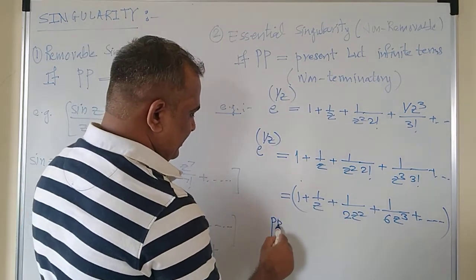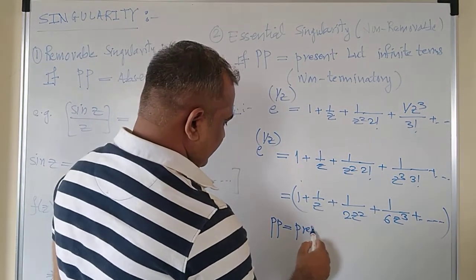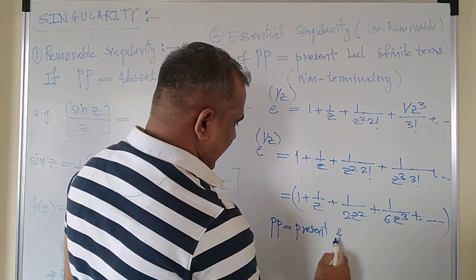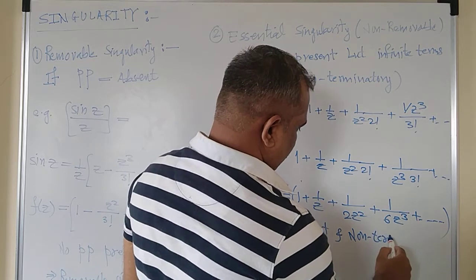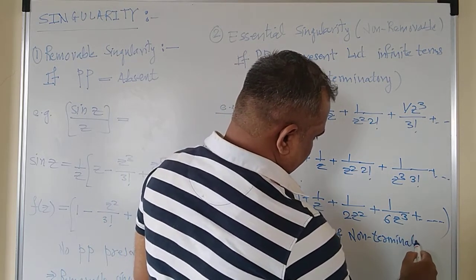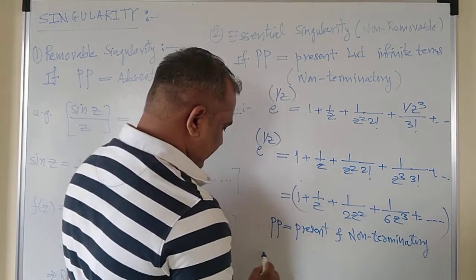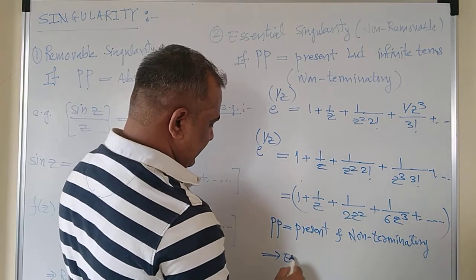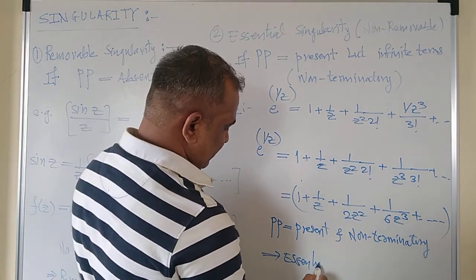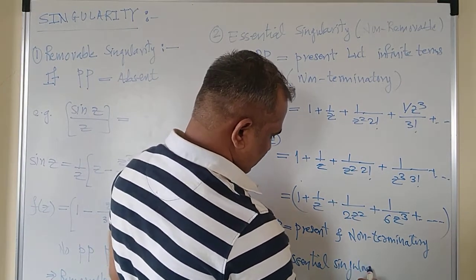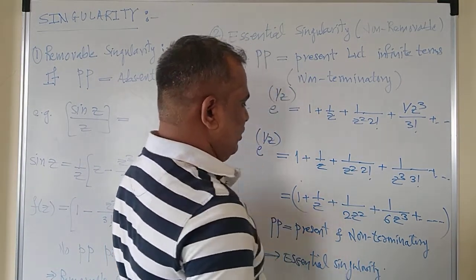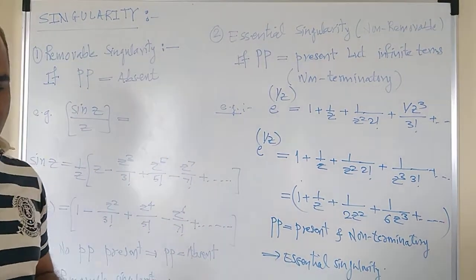So ultimately I can say the principal part is present and non-terminatory, and therefore this kind of singularity is an essential singularity. So hope you understood this kind of singularity also.